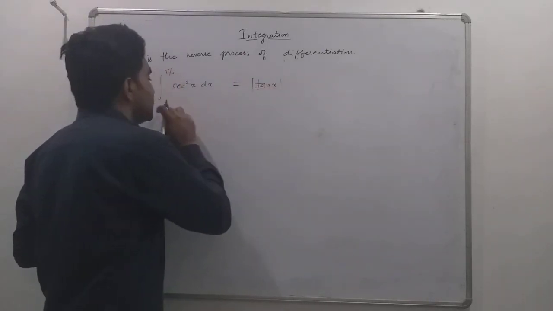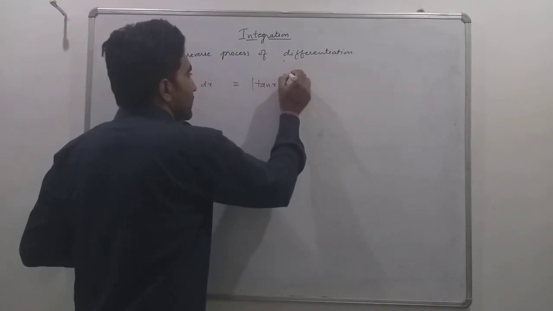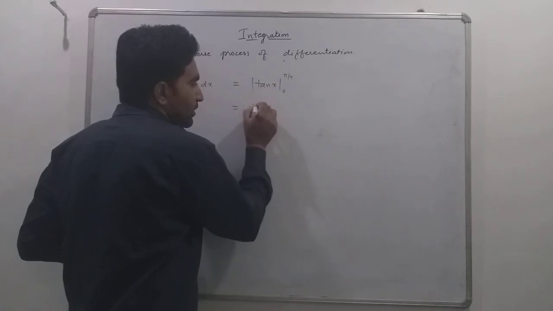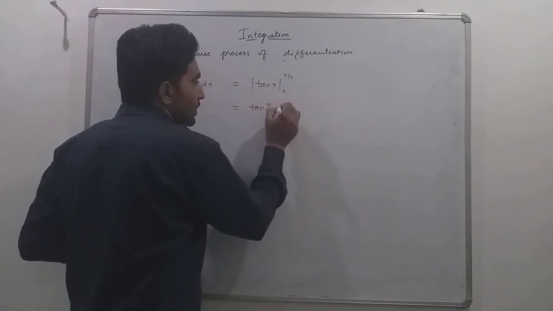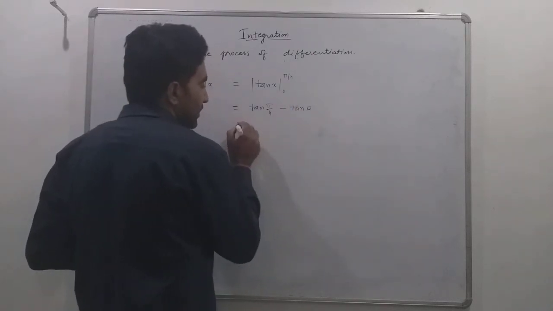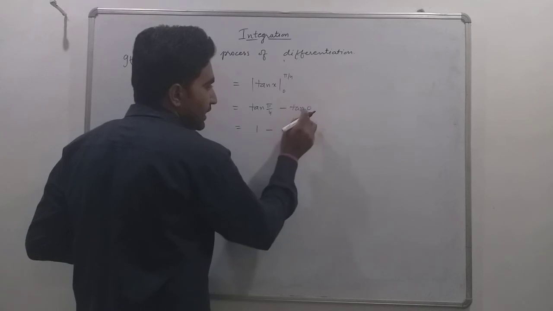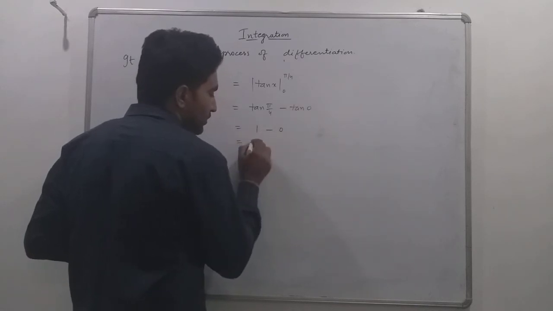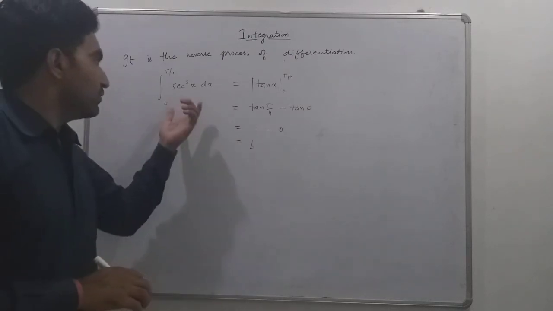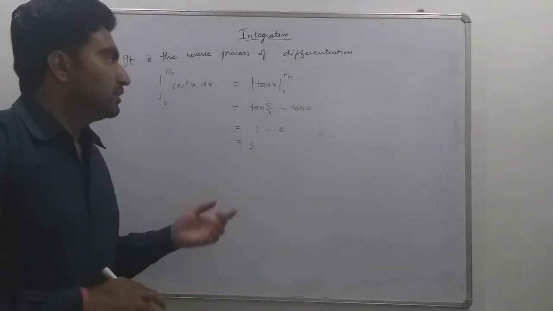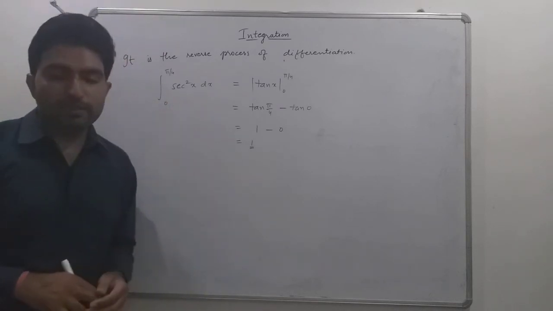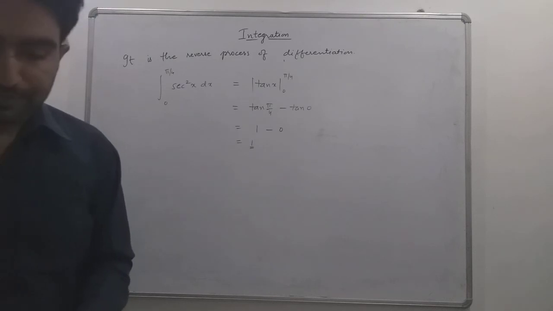So we will put firstly the upper limit, so we have tangent of pi by 4 minus tangent 0. We know that tangent pi by 4 is equal to 1 and tangent 0 is 0. So we have the answer 1. This is the integration of secant square x dx with respect to x from 0 to pi by 4, and it is equal to 1.